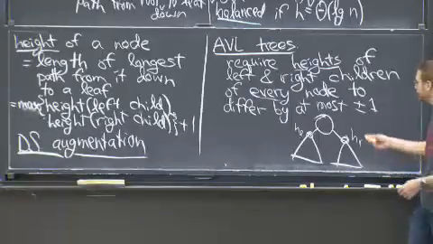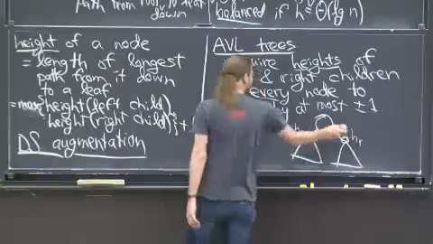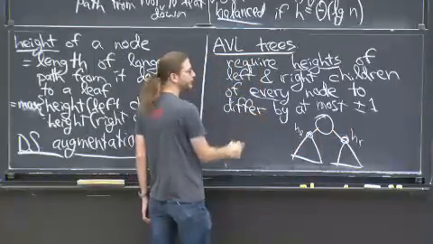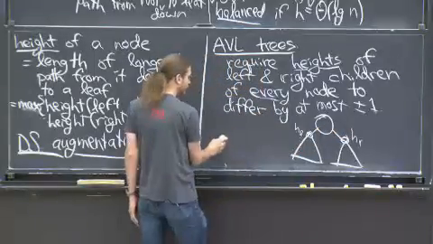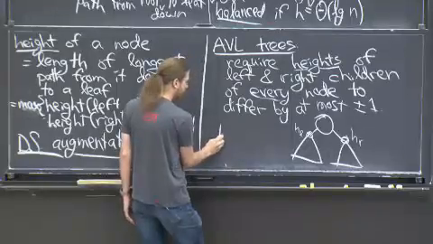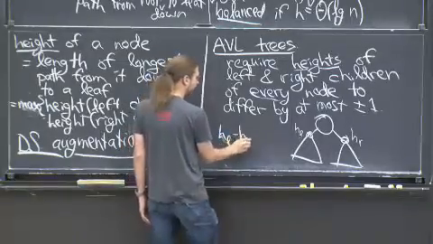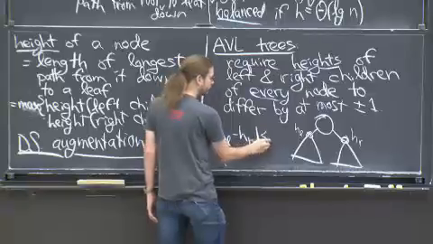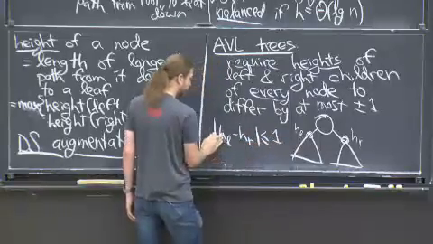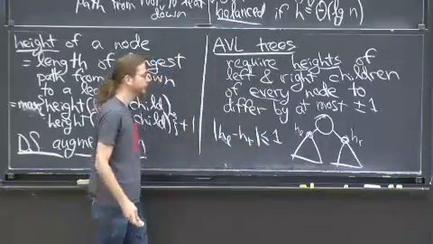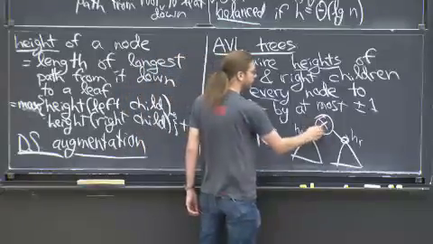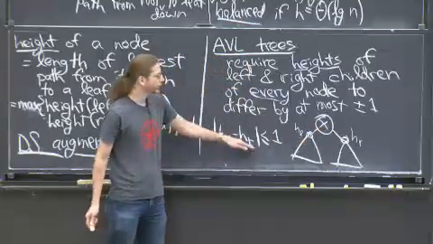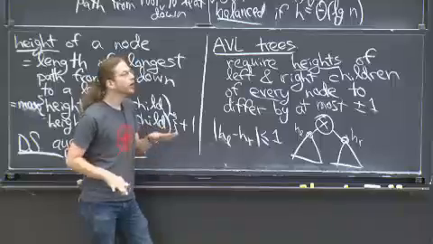What we would like is that H_L and H_R are more or less the same. They differ by at most an additive 1. So the absolute value of H_L minus H_R is at most 1 for every node x. For every node x, I want the left and right subtrees to be almost balanced.